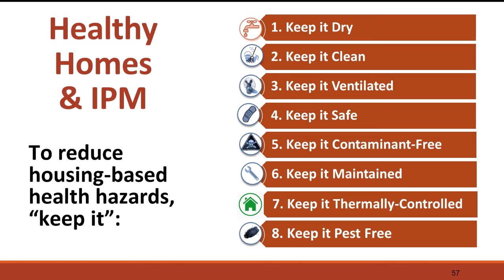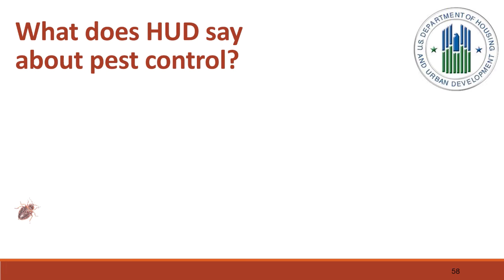Cleaning up dishes, harborage, and food sources to keep it pest-free are also part of the bigger principle of keep it clean. Protecting and maintaining a building for pest control will help make a building healthier for both occupants and property management staff. Let's see what HUD says about pest control.